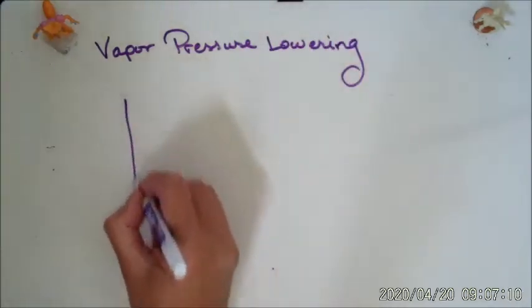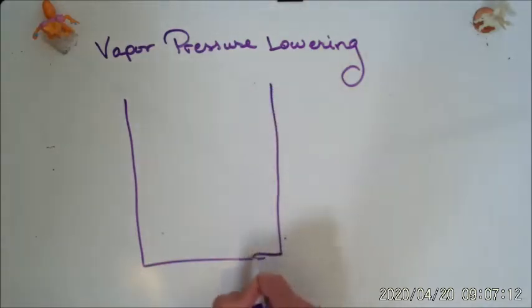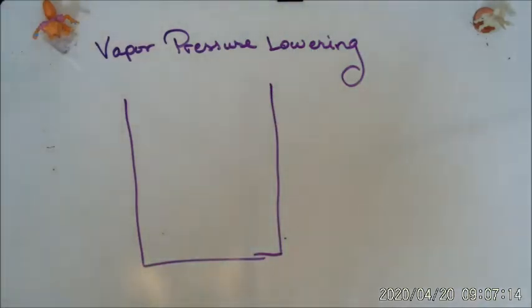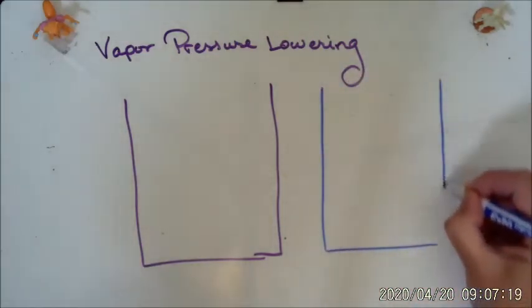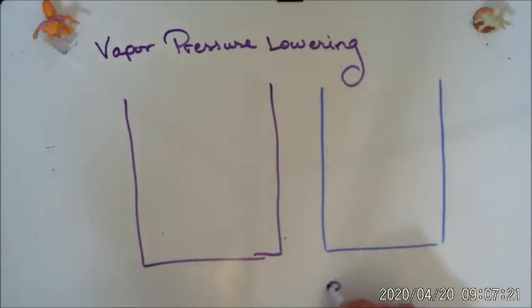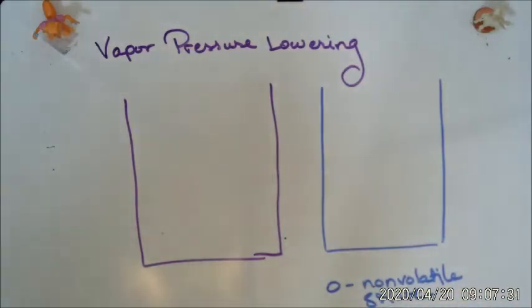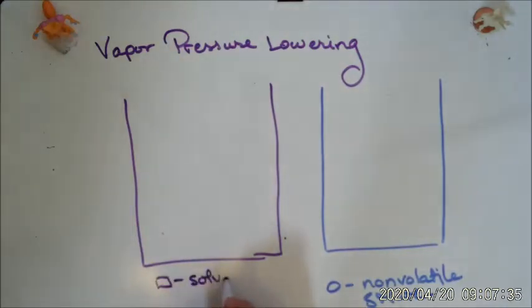Here's my beaker. Okay. And here's the second beaker. So let's compare the two. Let's just say that these are my non-volatile solute, and these are my solvent.